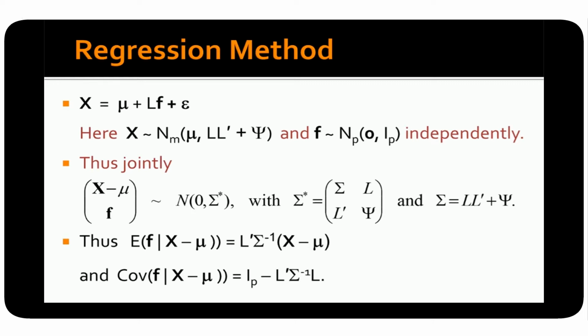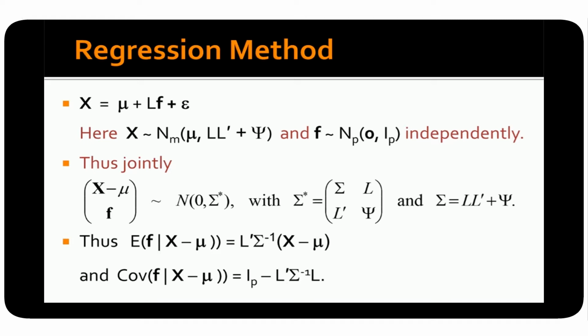Once we do that, remember that firstly x has a normal distribution with mean 0 and variance covariance matrix LL prime plus psi. So, we assume that this is normal with the corresponding mean and variance.